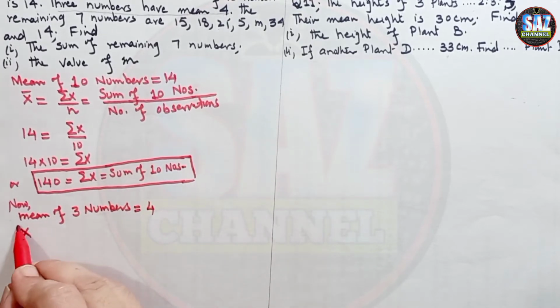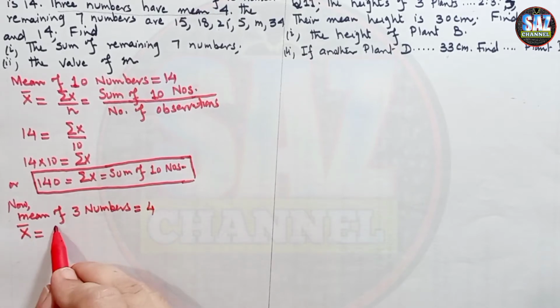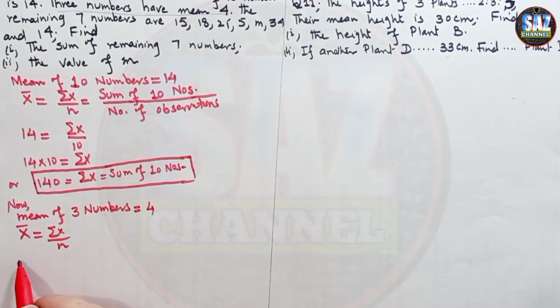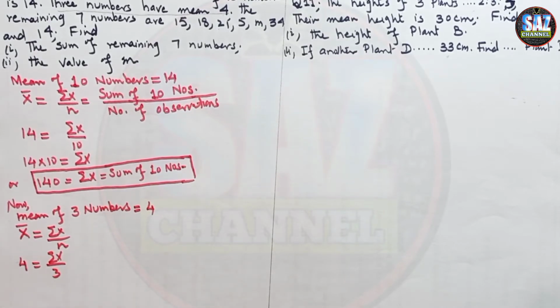Again, mean x bar equals summation of x upon number of observations. 4 is the mean and 3 is the number of observations. Like what we did in the previous class, let the sum of 10 numbers be summation x1 and the sum of 3 numbers be summation x2. So summation x2 equals 4 times 3, or 12.